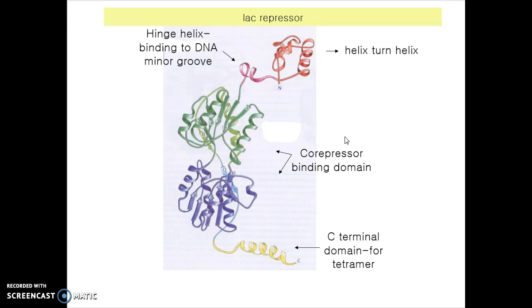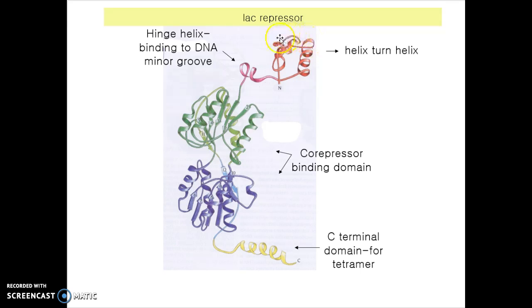Second type will be Lac repressor. This protein has 3 domains actually.